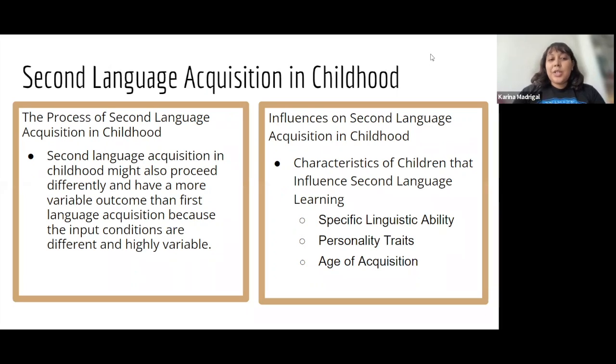Second language acquisition in childhood might also proceed differently and have a more variable outcome than first language acquisition because the input conditions are different and highly variable. There are also influences on second language acquisition in childhood, and we have characteristics of children that influence second language learning. It's specific linguistic ability, personality traits, and age of acquisition.